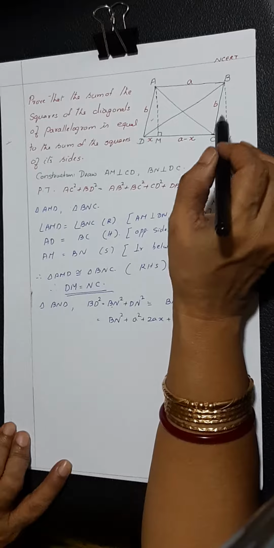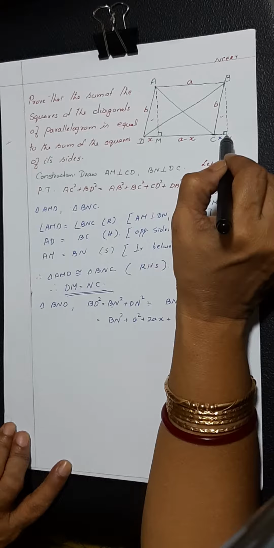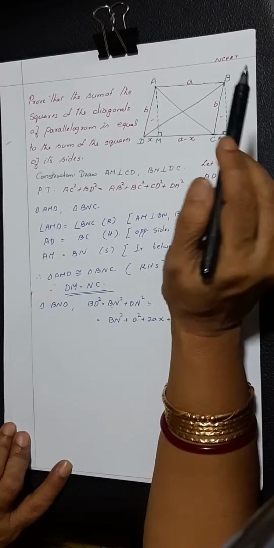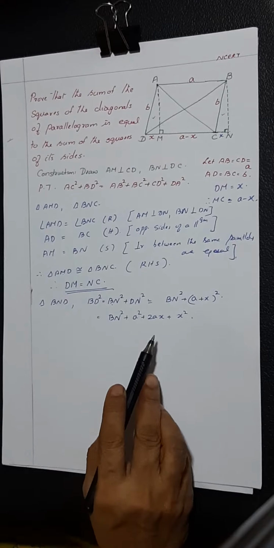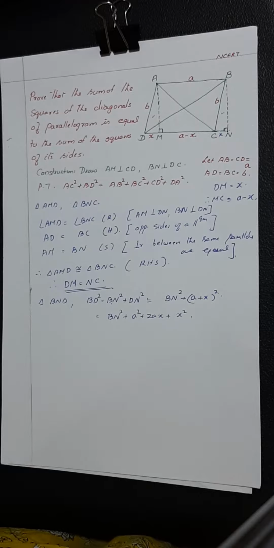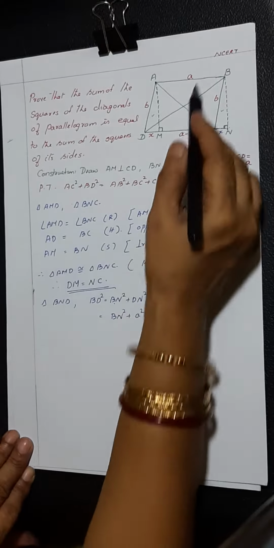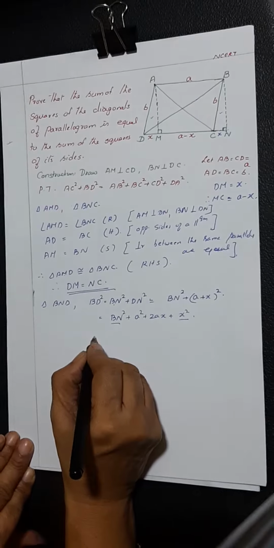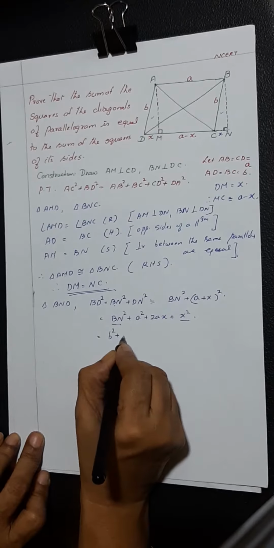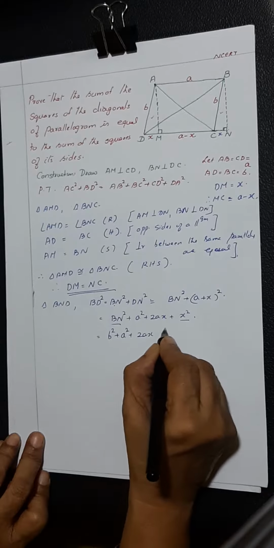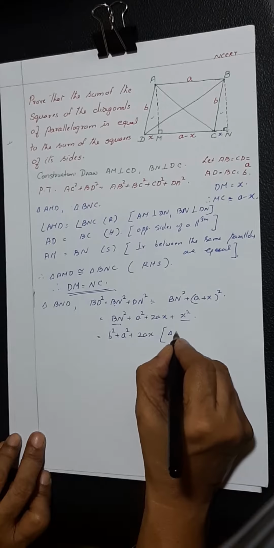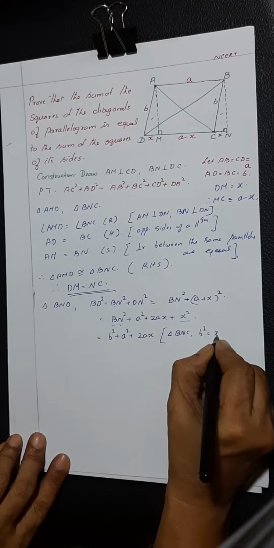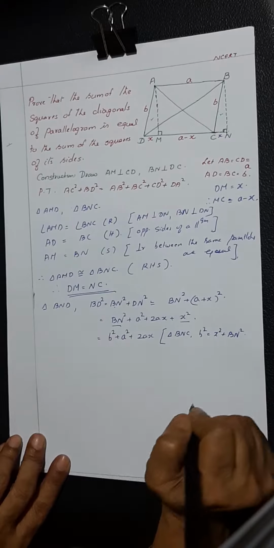Here BN squared plus X squared will be equal to B squared. So this is equal to B squared plus A squared plus 2AX. The reason is, in triangle BNC, B squared is equal to X squared plus BN squared.